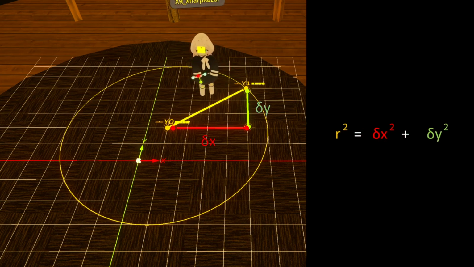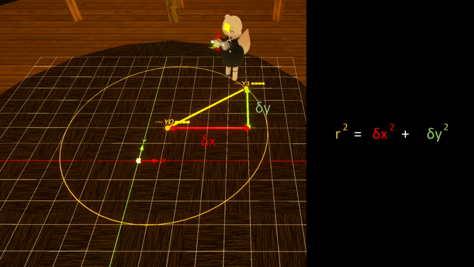So now, what do we have? We have our r, and then we have our center point coordinate, which will become useful. The way that we are going to describe our circle is with any given point on the circle.